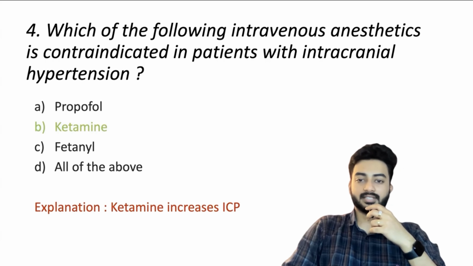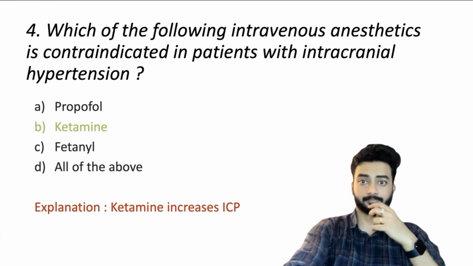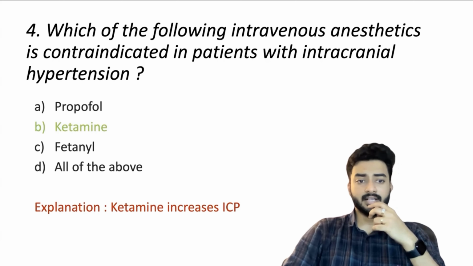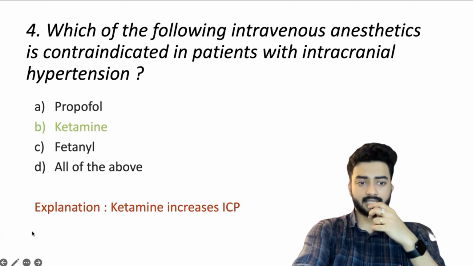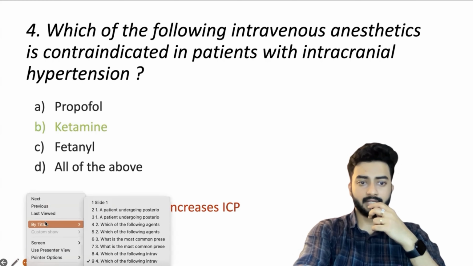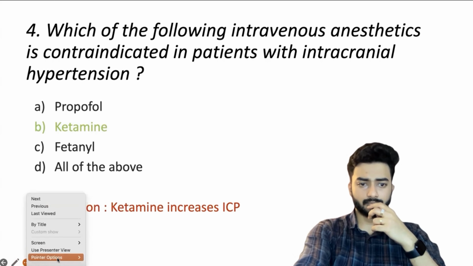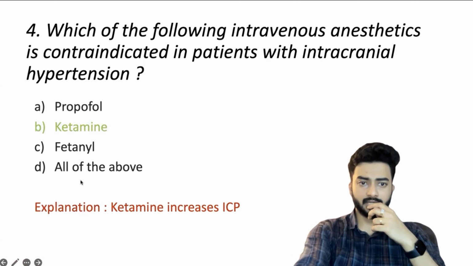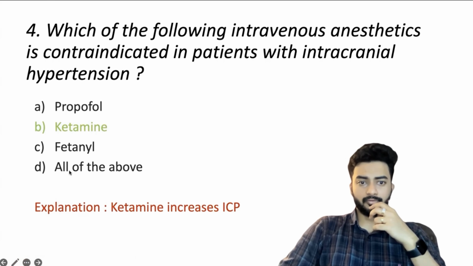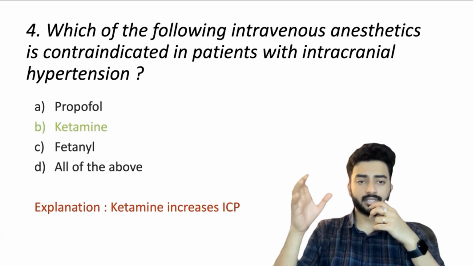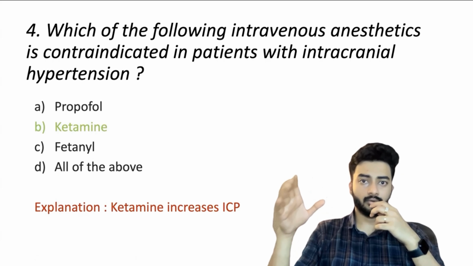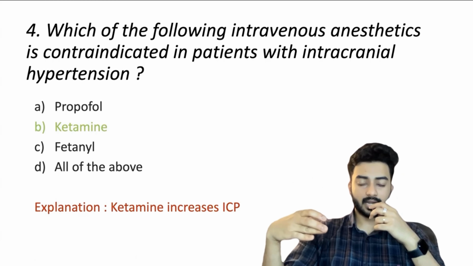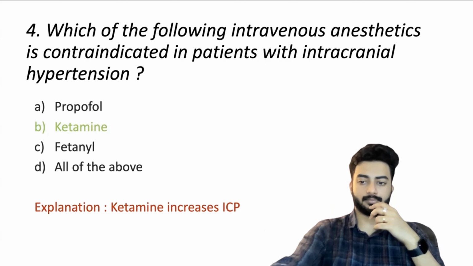Ketamine increases intracranial pressure. But if you are getting choices like all of the above, you should be vigilant about it. Mostly if you are given the choice all of the above or none of the above, you should reconsider your answer once or twice.